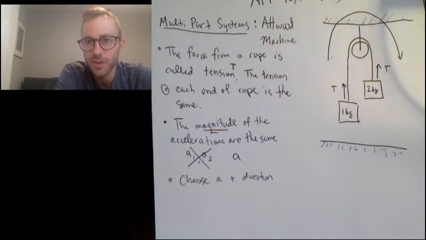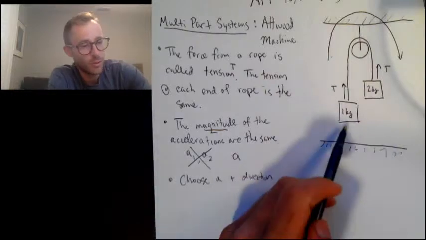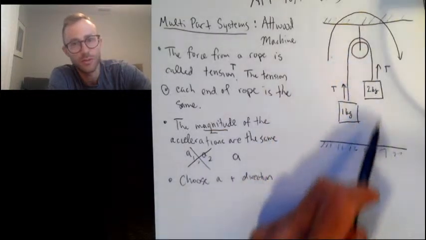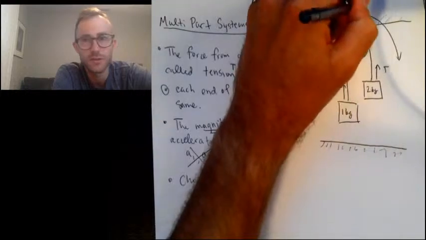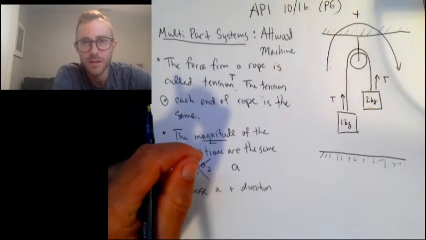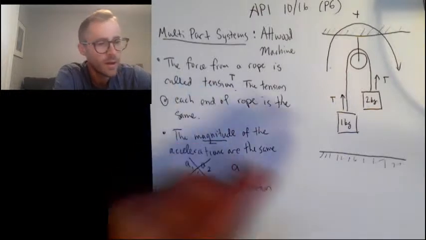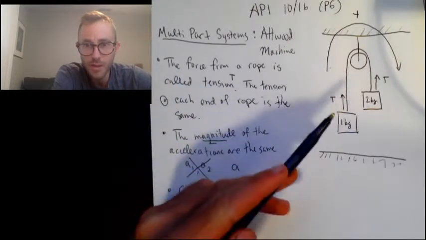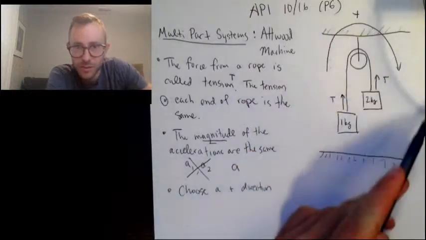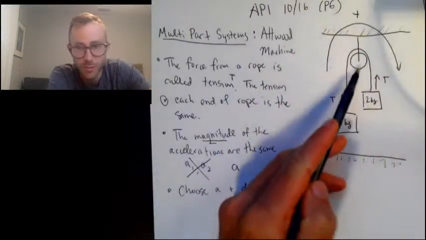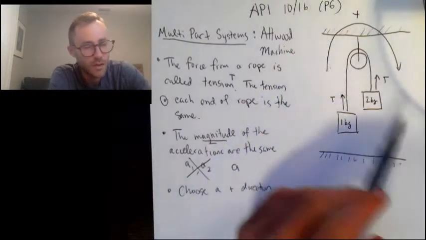I'm going to choose a positive sense for this problem. Okay? I like to choose the positive sense to be the sense in which the system is going to move. So I know that the 1 kilogram mass is going to rise, the 2 kilogram mass is going to fall. So this is the sense of the system. So the pulley is going to rotate clockwise.